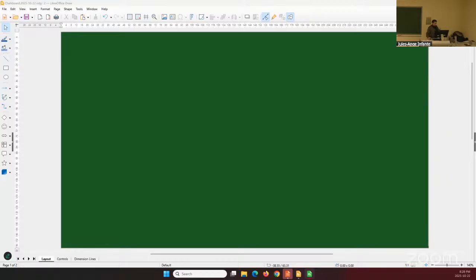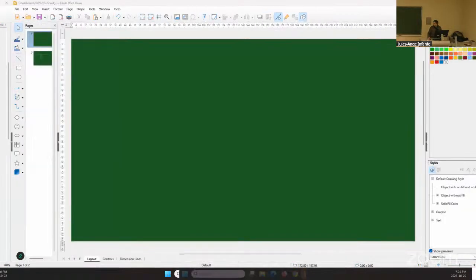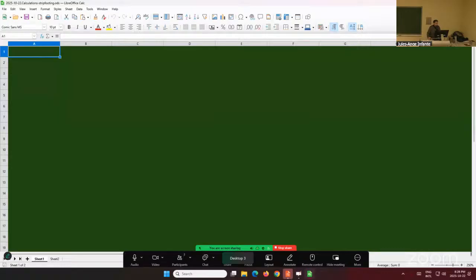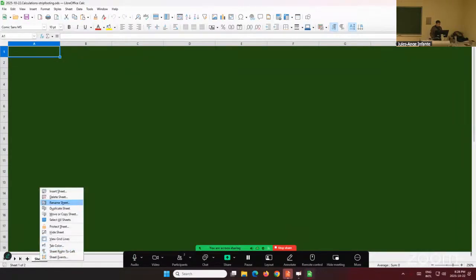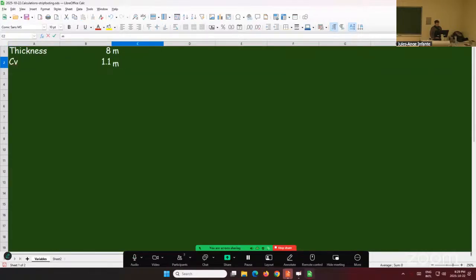Next, strip footing. So we start again, thickness. We have 8 meters. Then we have CV 1.10, where it's here.